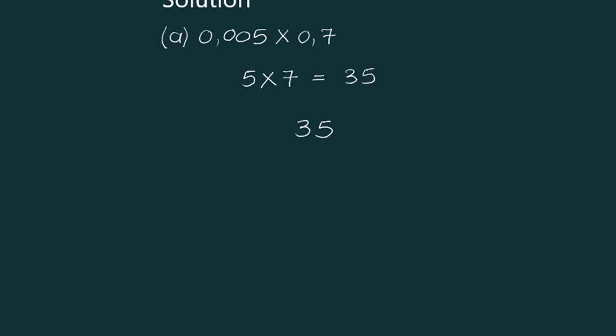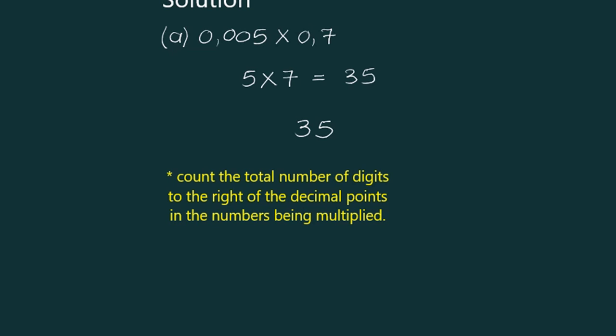I then count the total number of digits to the right of the decimal points in the numbers being multiplied.